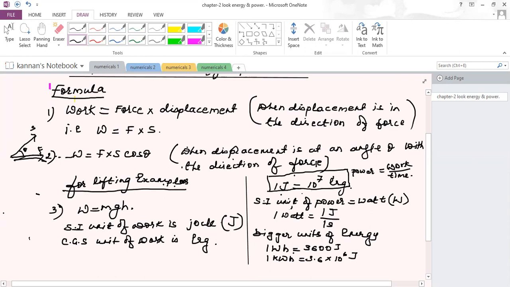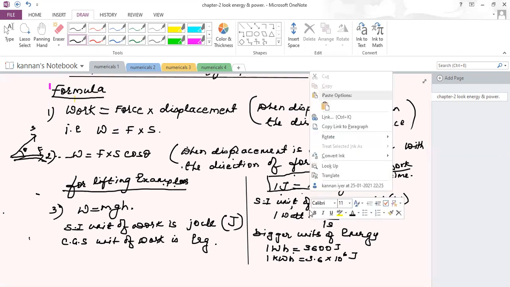You know the formula for work, but divided by the total time taken to complete the work, I get the power used. The SI unit of power is watt, capital W. 1 watt is 1 joule per second.